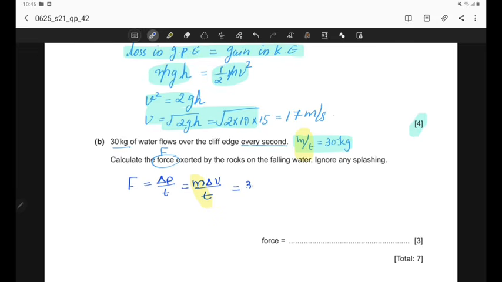We can substitute that, times the change in velocity, which is 17.2. That is the answer of the previous part. The velocity of the water when it falls is 17.2 in 3SF. Sorry, it must be 17.32. And we will get 520 newtons. So that is the force.